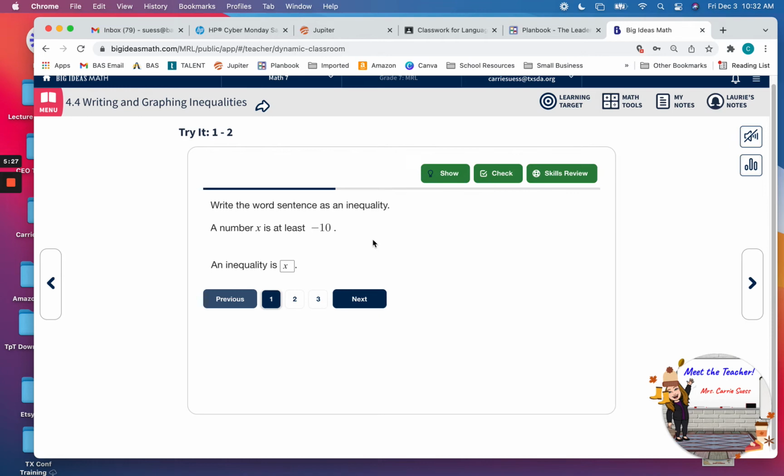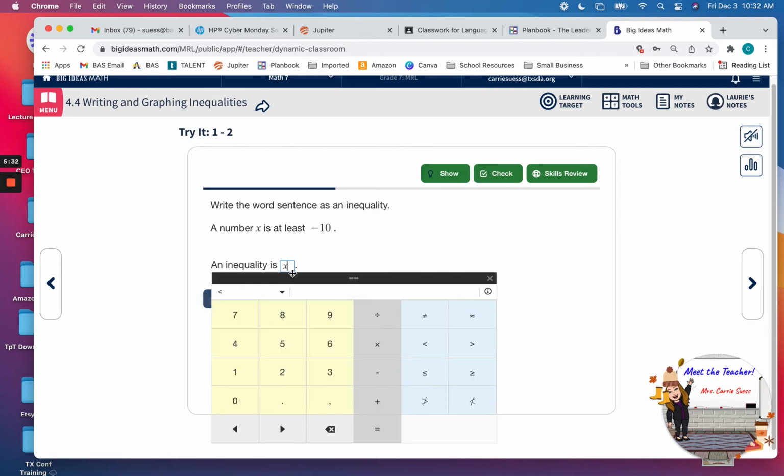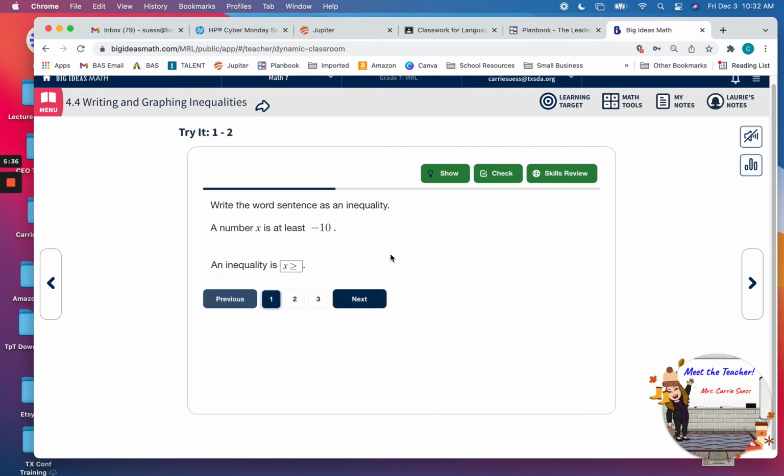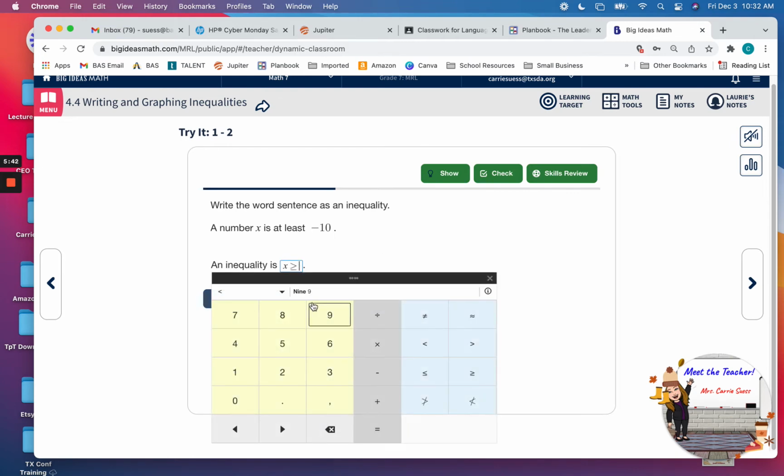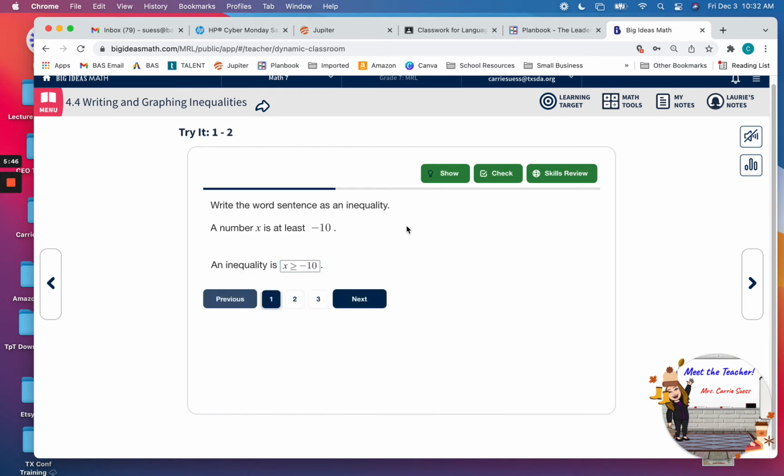Go for it. The sign that opens the left with the line under it. Yes, is at least. So it has to be this one. Because it is at least the negative 10 or more. Okay, so it has the equal sign under it because it's at least this much. Oh, I added a 0 in there. So it should be x is greater than or equal to negative 10.